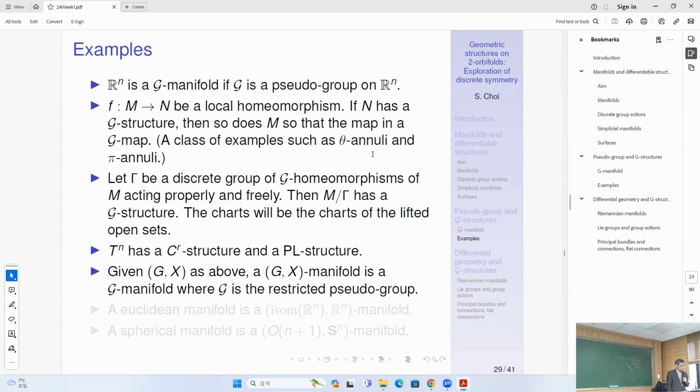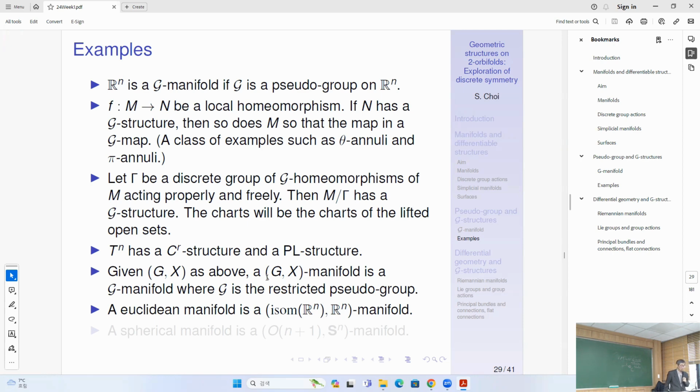Given G, X, a (G,X) manifold is a G manifold where G is a restricted pseudo group, a (G,X) pseudo group.